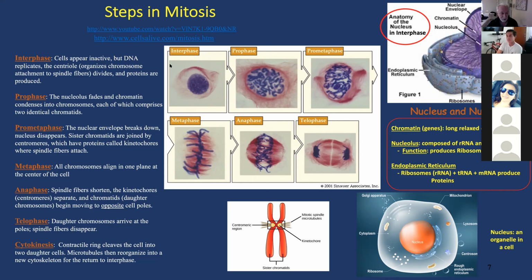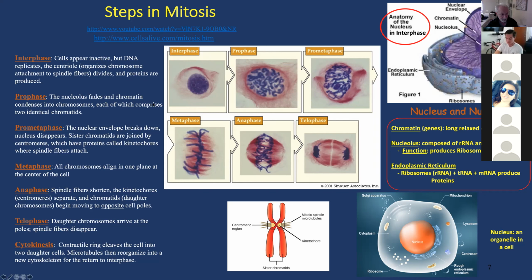So at interphase, the cells appear inactive. They don't look like they're about to do anything, but the DNA has already replicated in interphase. The 6 steps of DNA replication have occurred. And the centriole divides and proteins are produced.